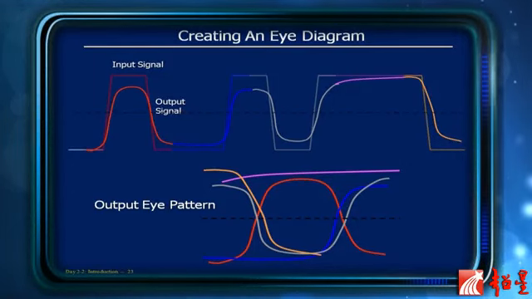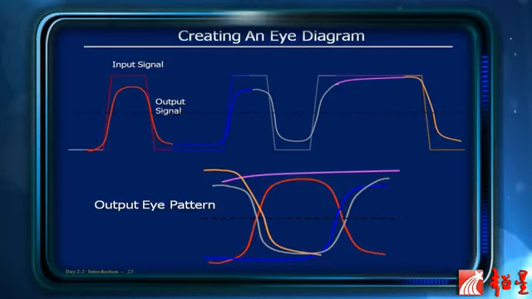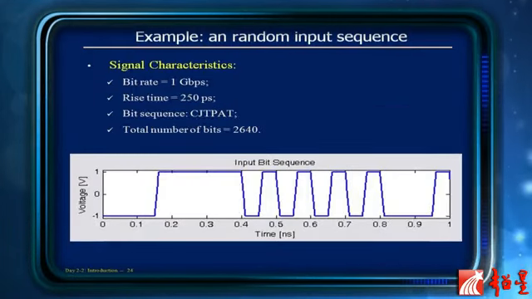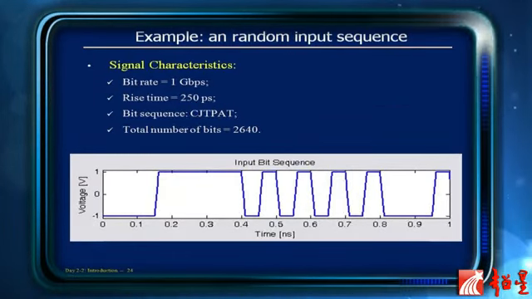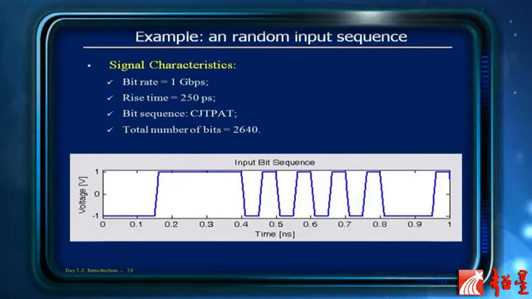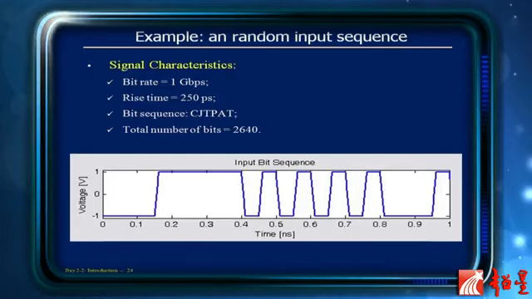So you can look at this to find out how good your signal transmission is. This is one example, a simulation. The bit rate is 1 gigabit per second, the rise time is 250 picoseconds, and it's a random communication sequence. So this is a time domain signal.